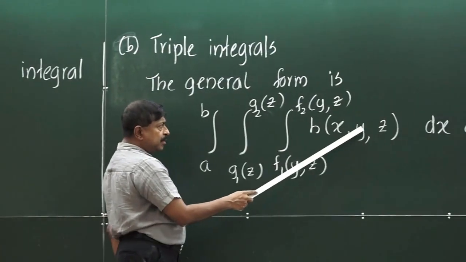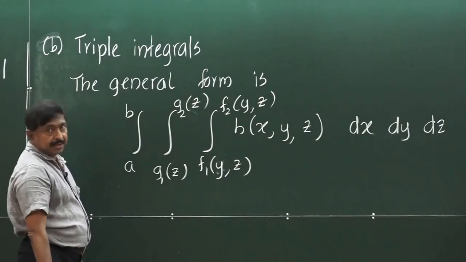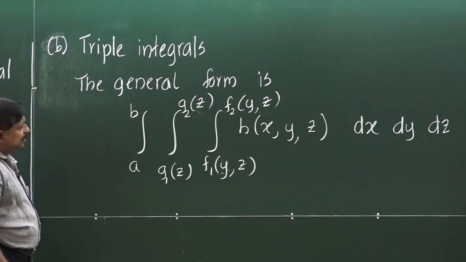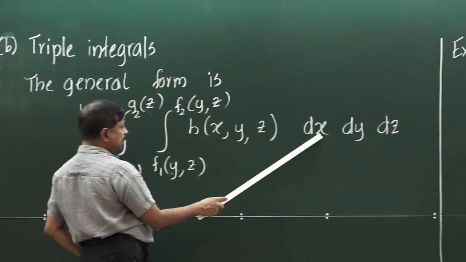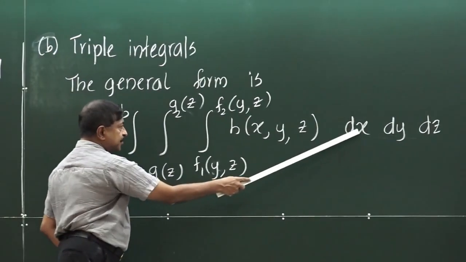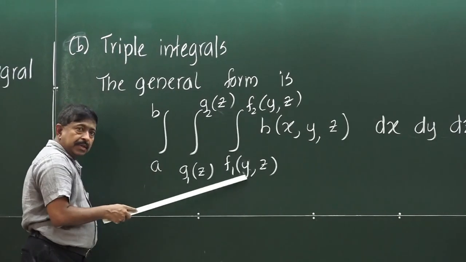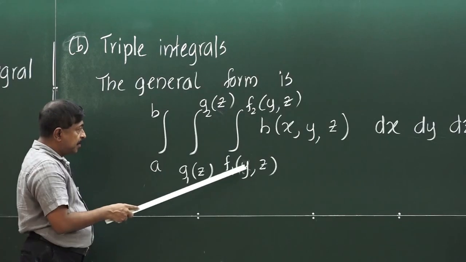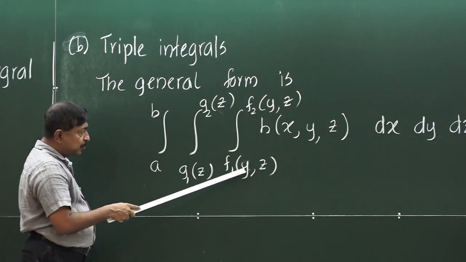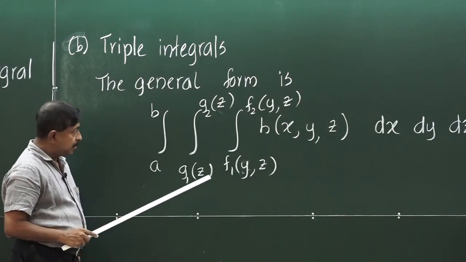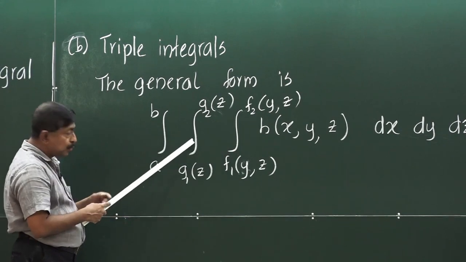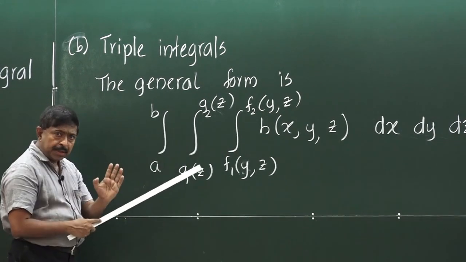The integrand might consider all three variables. We will consider only this form. When x stays as the first variable, you can have the limits like this. They may carry both y and z. When you go to the next level, the variable x has already been considered.